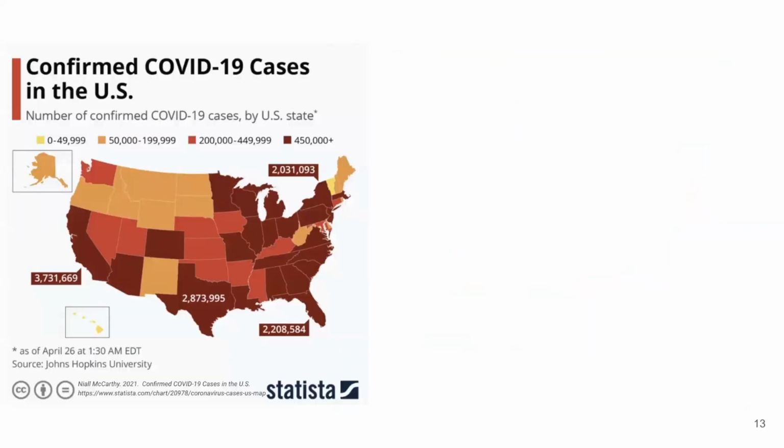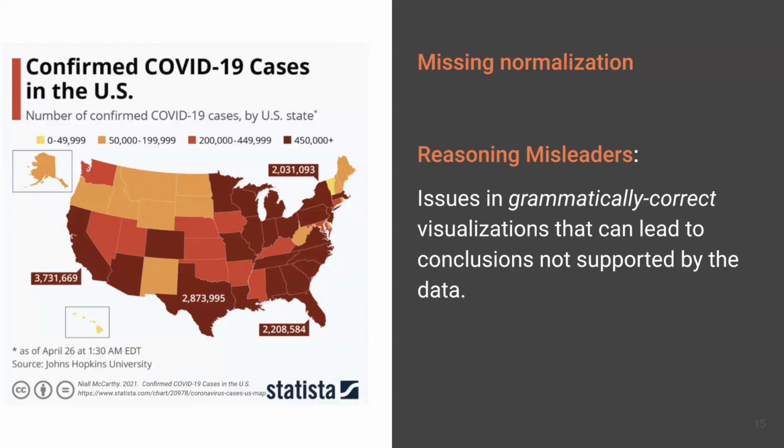But let's examine this map again because it leads to an interesting set of issues. This map was not best suited for answering the risk question because it was missing normalization, which is one example of what we call reasoning misleaders, or issues in grammatically correct visualizations that can lead to conclusions not supported by the data.